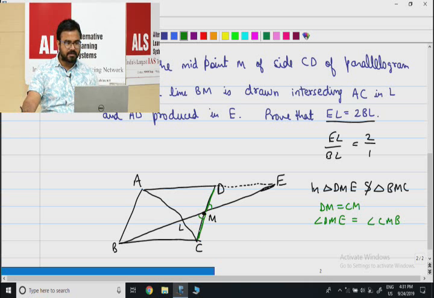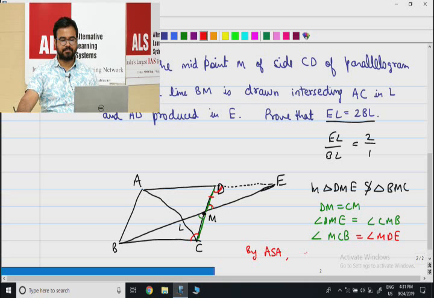Similarly, the third thing, since it is a parallelogram, sides are parallel. If sides are parallel, then alternate interior angles are equal. So we can say that angle MCB, this angle, is equal to angle MDE. So we can say over here, this is angle, then side, then angle. So by angle side angle congruency, these two triangles are congruent.